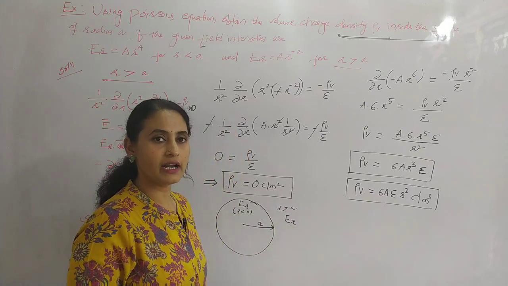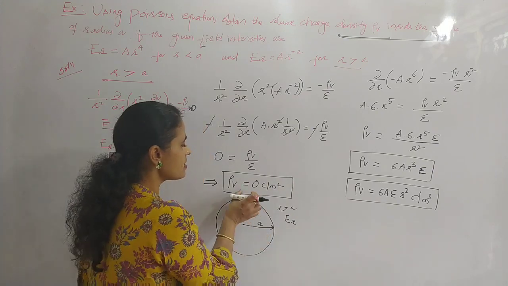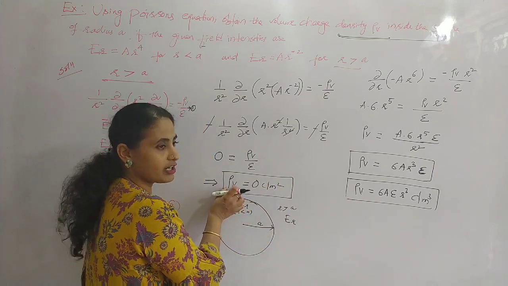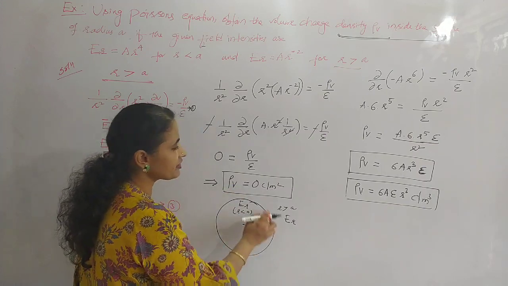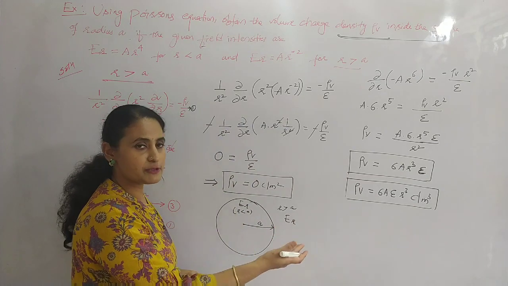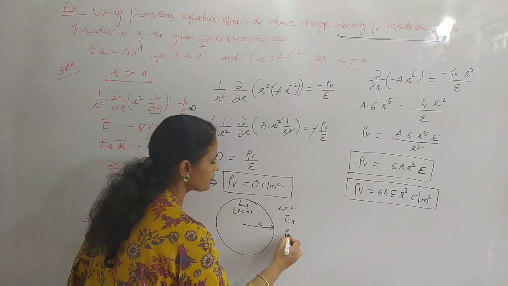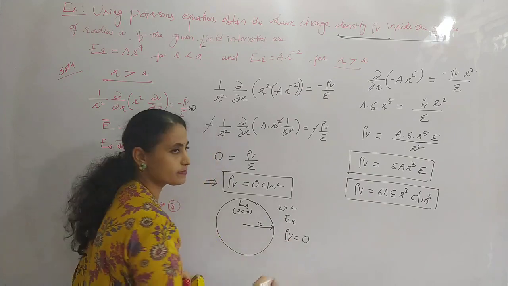Even though the electric field exists outside the sphere, there won't be any volume charge density. So the volume charge density lies within the sphere only, and outside the sphere the volume charge density is 0.